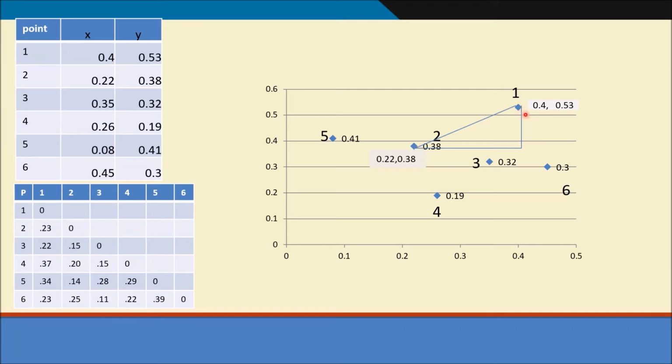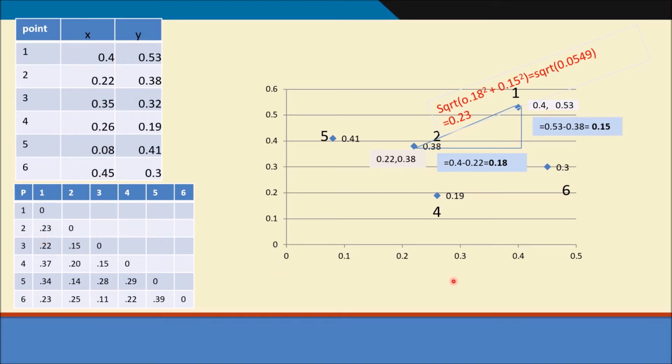So we have to find the measure of this particular line. That could be found out like this, and the measure of this other line can be found out like this. So the measure of the hypotenuse can be given as this, and the result is 0.23. So the distance between point 2 and point 1 is 0.23.